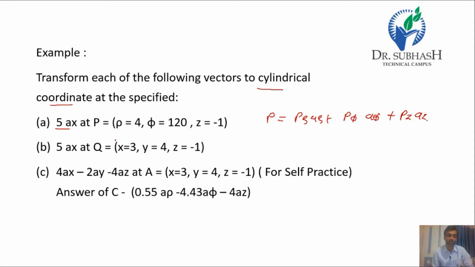Similarly, in part B we have to transform the same vector phi x at the point Q, which is given as x equal to 3, y equal to 4 and z equal to 1.